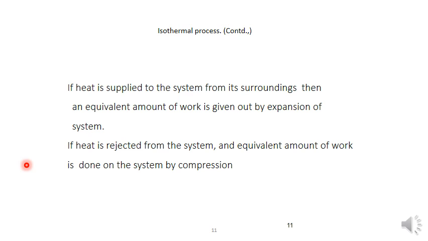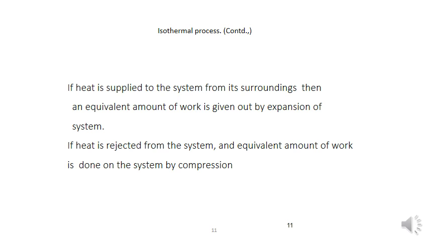If heat is supplied, work is given out by the expansion of the system. If some heat is rejected, meaning we remove heat from the system, the work is done on the system by compression.